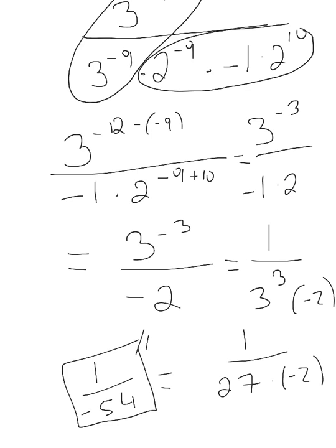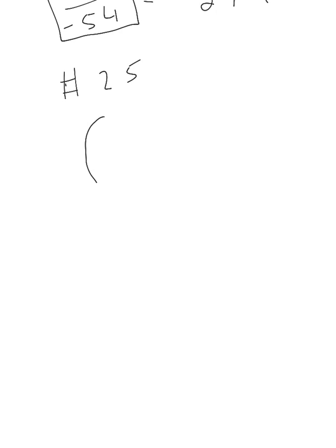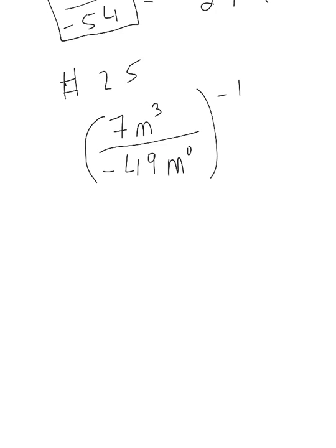Okay, so let's continue with 2 more problems. I will now present question number 25. Number 25, you have 7m cubed divided by negative 49 m to the 0 and everything to the negative first power.